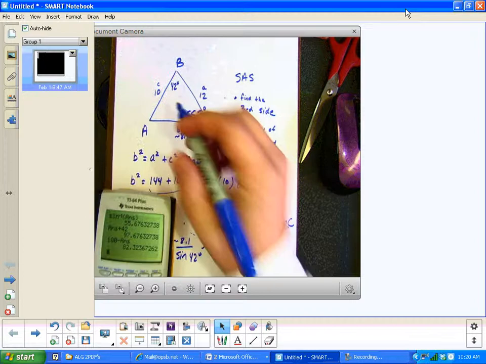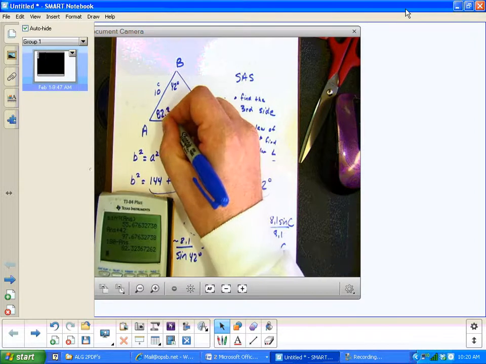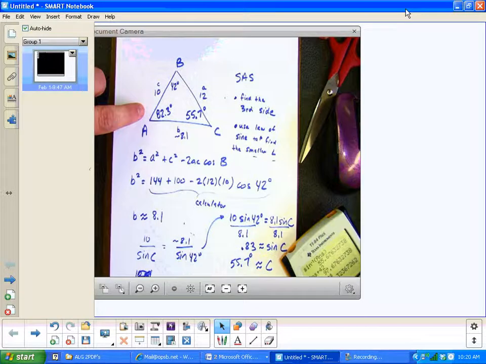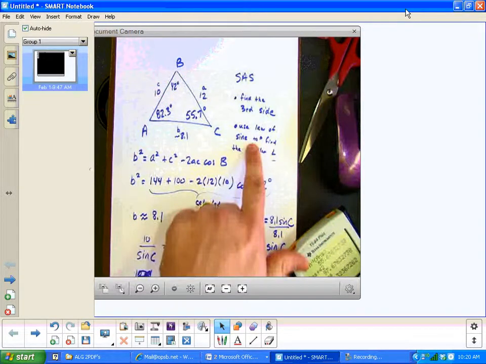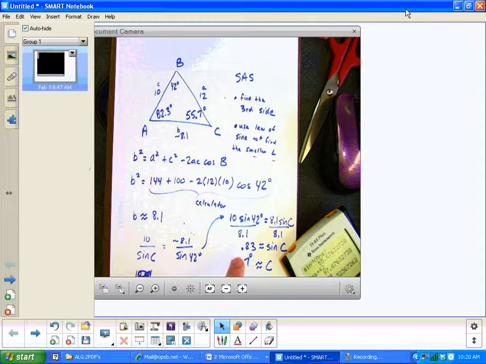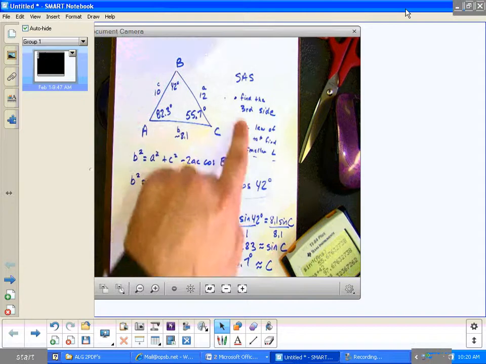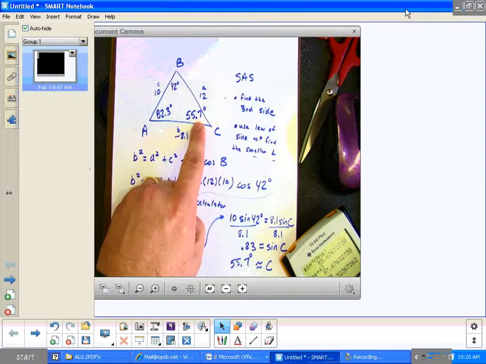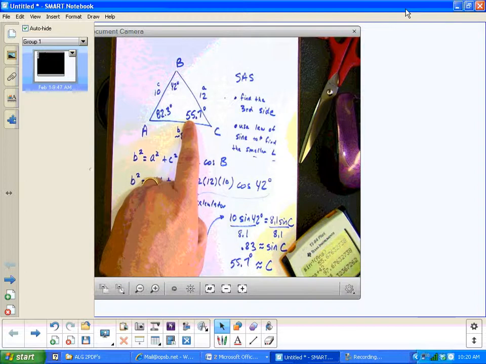Now, in this triangle, it would not have hurt if you had found angle A right there because it's not obtuse. But the reason you find the smaller angle is that with law of sines, you're going to have issues with obtuse angles. That's why I told you to find the smaller angle, because this one was guaranteed to be acute, wouldn't it?